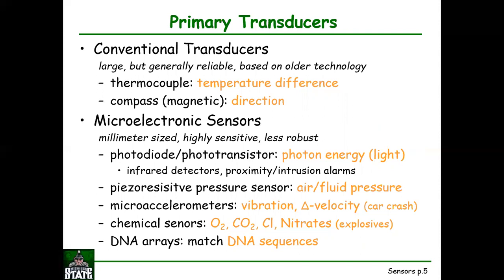We are using some microelectronic sensors. What is a microelectronic sensor? It will have a size in the millimeter range and it will be very sensitive, right? So these are some examples of your microelectronic sensor, and it is the input to the corresponding microelectronic sensors.